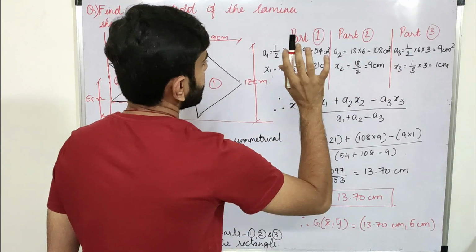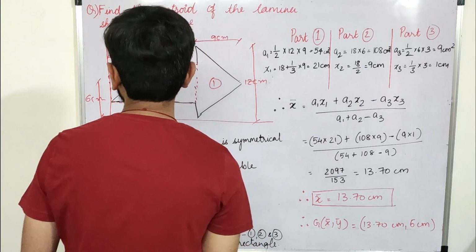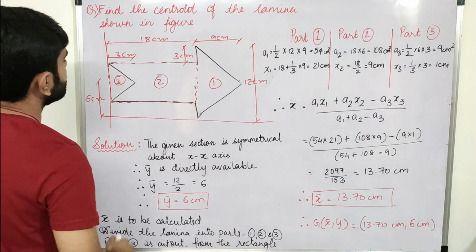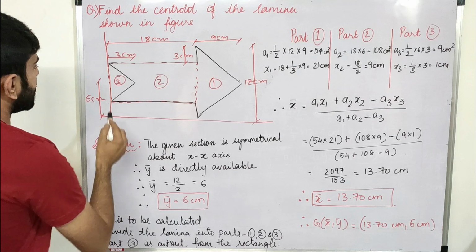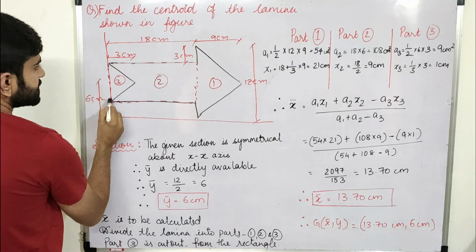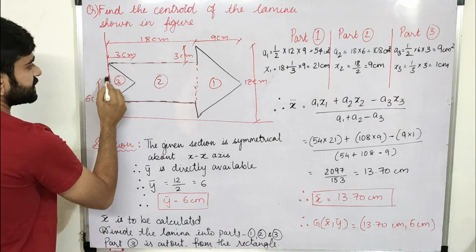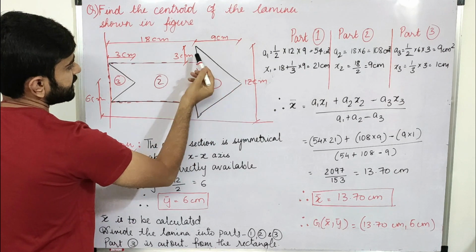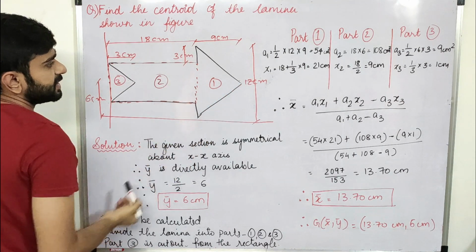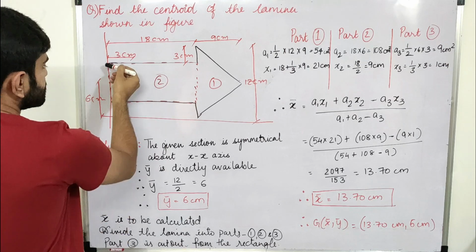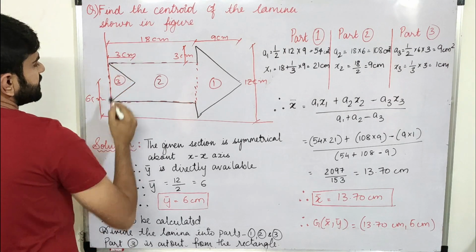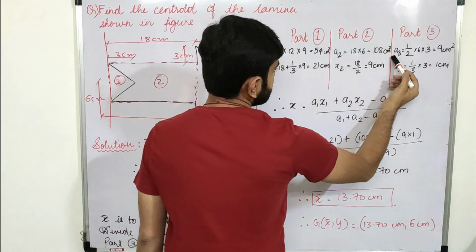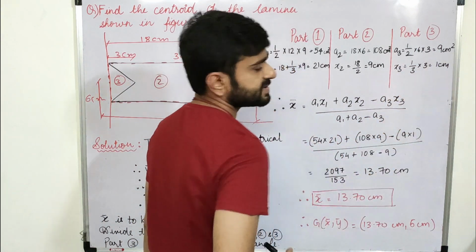And to find the area of the third portion, that is this triangle, half into base into altitude. The base is also 6, as 12 minus 3 minus 3 is 6. Half into 6 into altitude, which is 3 centimeter. So a3 is equal to half into 6 into 3, that is 9 centimeter square.